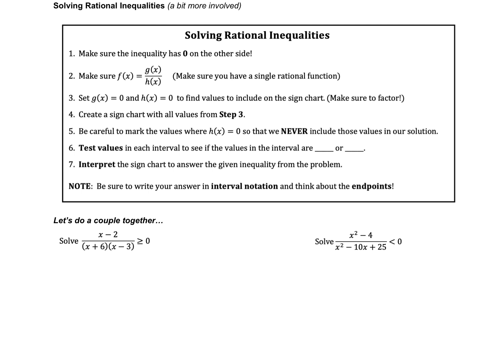And then this is what's a little bit different: we're going to do something called a sign chart. And this time we're going to look at where the numerator and the denominator equal 0. So that's different. We're going to look at numerator and denominator. So we're going to find zeros of each.